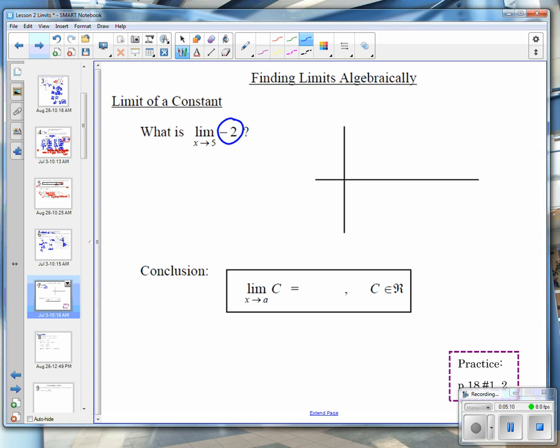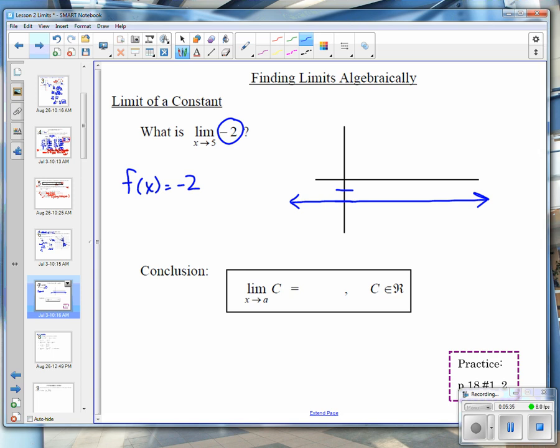So if it doesn't have a variable, that means that it is a constant. And hopefully you remember that the graph of a constant is always just going to be a straight line. So basically we're saying that my graph is equal to -2. If I literally draw a picture of that, it's going to look something like this, right? That means every single point is just -2.